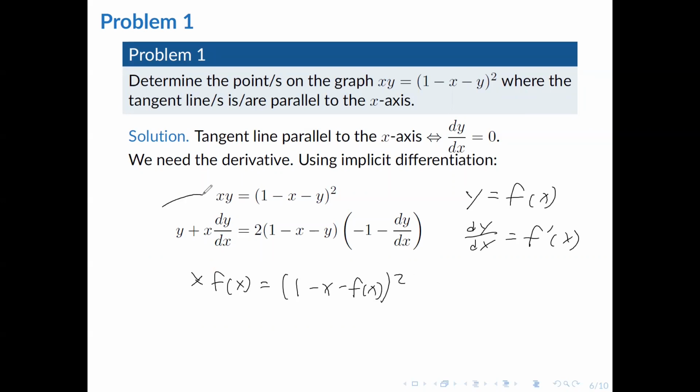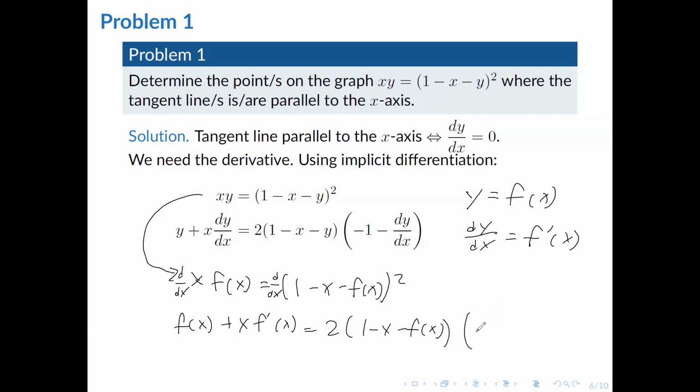So we can rewrite this one like this, because we said that y is equal to f of x. When we differentiate d over dx both sides, we just simply apply the regular product rule that we're familiar with. You can apply it yourself, the familiar product rule, minus f of x, then negative 1 minus f prime of x.